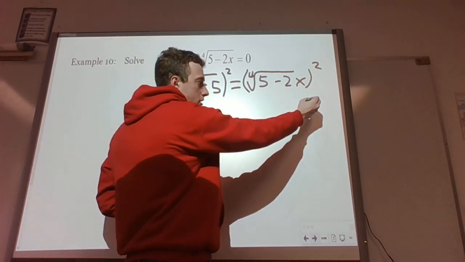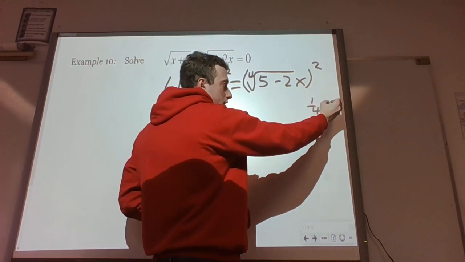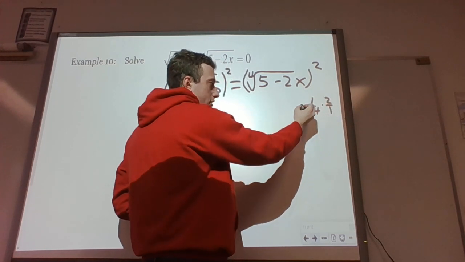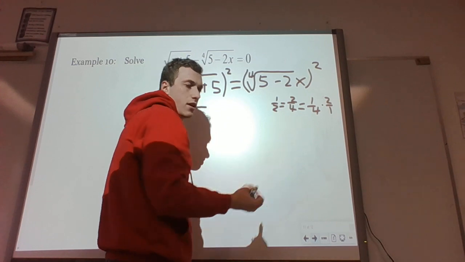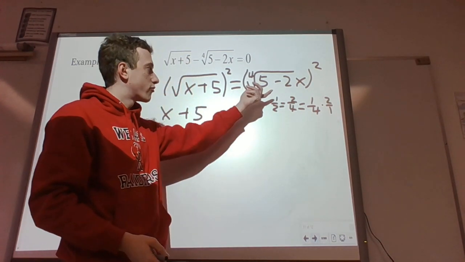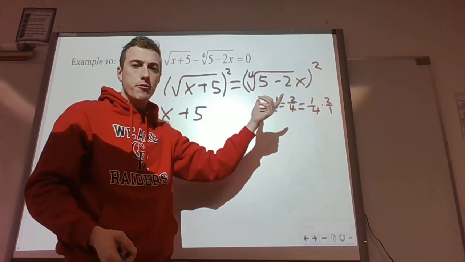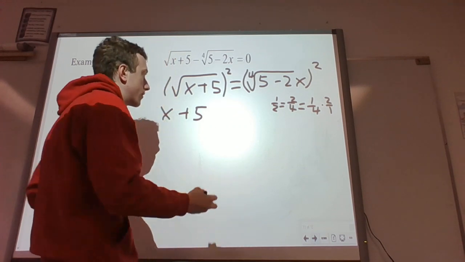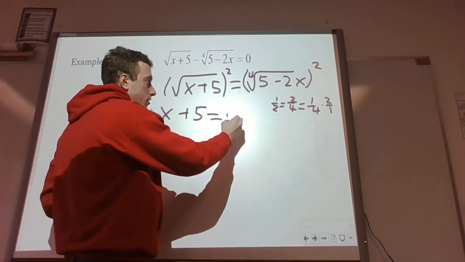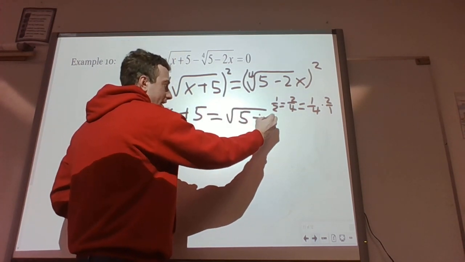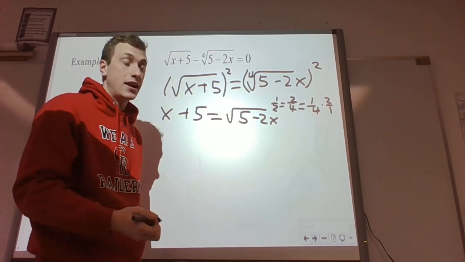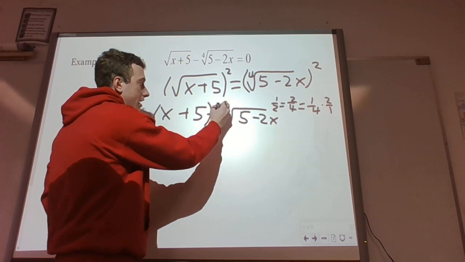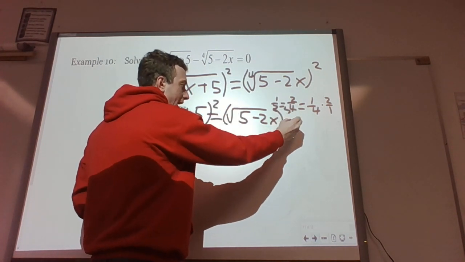So it would be the 1/4 squared, which would be the 2/4 power or the 1/2 power. So if we're squaring a fourth root, we're left with a square root. So we'll say x plus 5 equals the square root of 5 minus 2x. So it looks like we need to square again to get completely rid of our radicals.